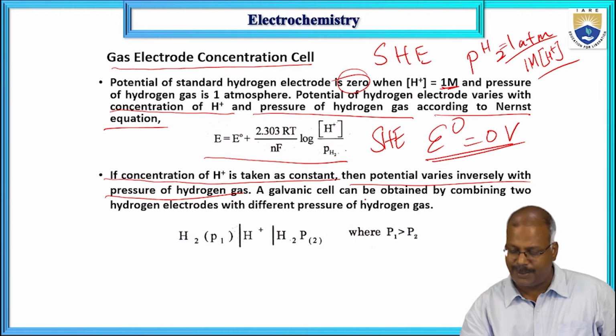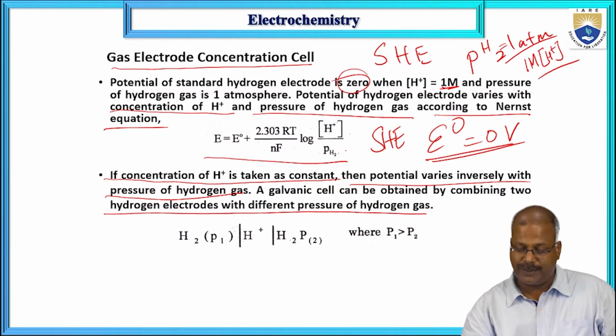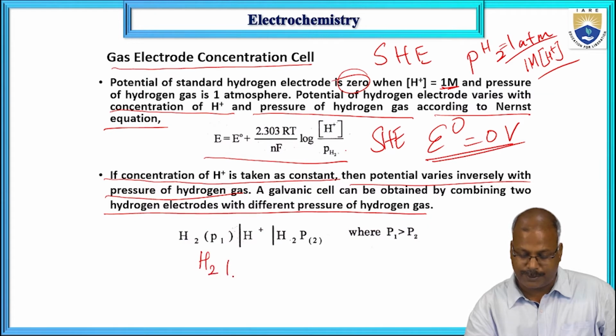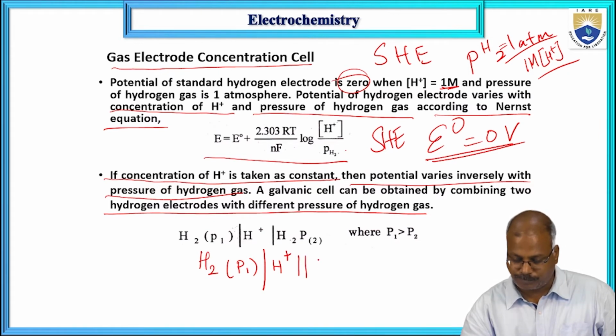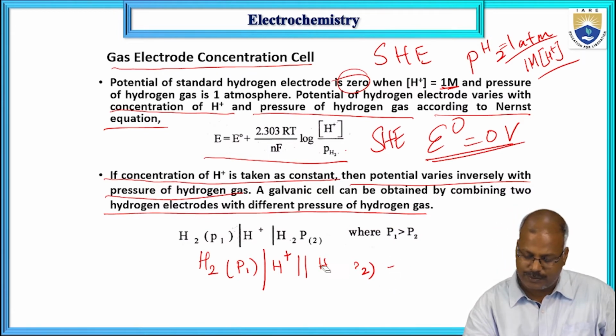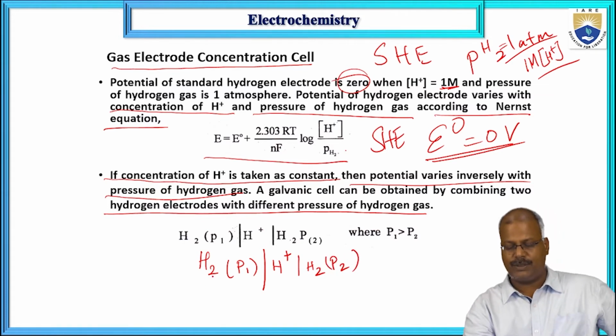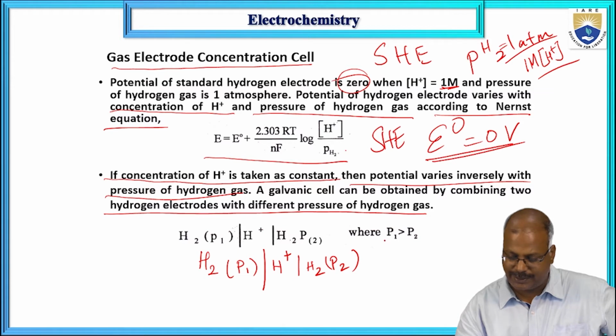So a galvanic cell can be obtained by combining two hydrogen electrodes with different pressures of hydrogen gas. For example, H2 of pressure P1 in contact with H plus ions, and then another one, H2 of pressure P2 in contact with H plus ions, where P1 is greater than P2.